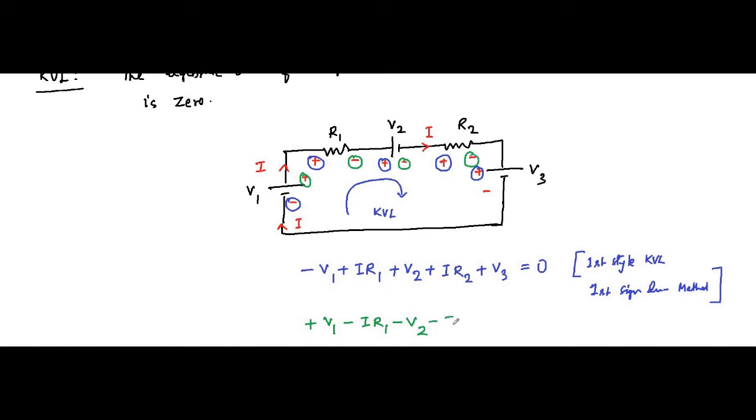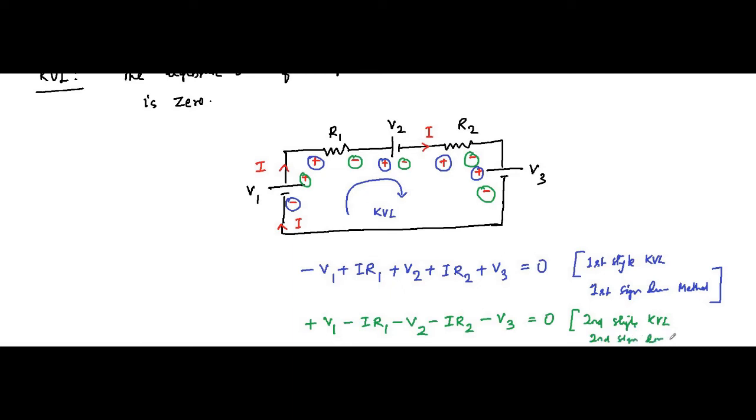And then for V3, the second sign that we come across is minus. It will be minus V3, that is equal to 0. The summation of the voltages and voltage drops in any closed path is 0. This is the second style of writing KVL equation, the second sign dominating method.